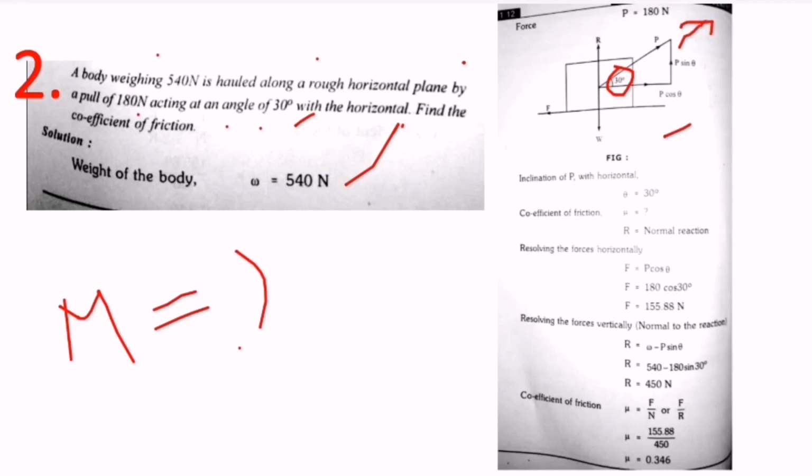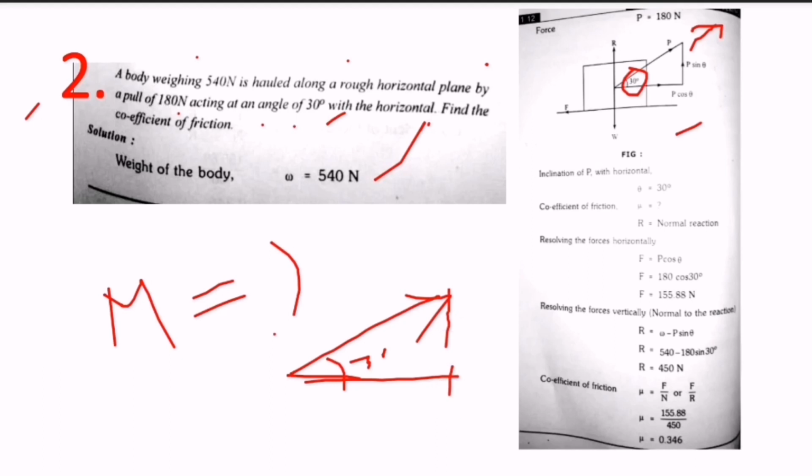When we resolve the force P, inclined at 30 degrees, what happens? Vertically, the opposite side is sine, and horizontally this side is cos. So this is P sin theta, and this is P cos theta. The inclination of P with the horizontal, theta equals 30 degrees, is given, and mu is unknown.